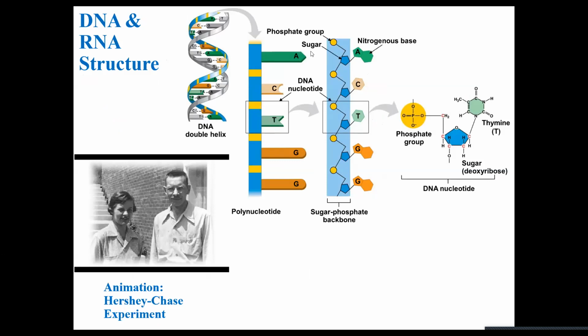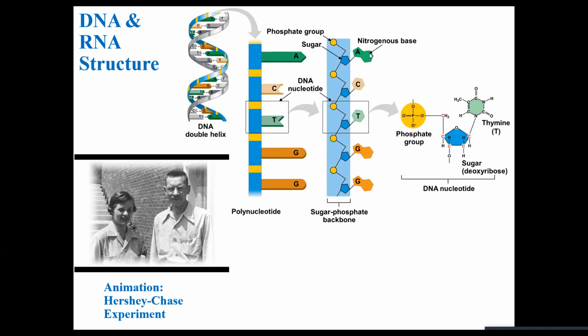So if you notice that A has this pointy structure here and T has a structure that looks like it could support that. And it's because A does indeed bond to T. And if you look at C, it's got that rounded inlet here. And then if you look at G, it's got that rounded outlet. So this will fit together like a puzzle piece. So that's the main difference between those nitrogenous bases, is their shape, and their shape will dictate whether or not they can actually bond together.